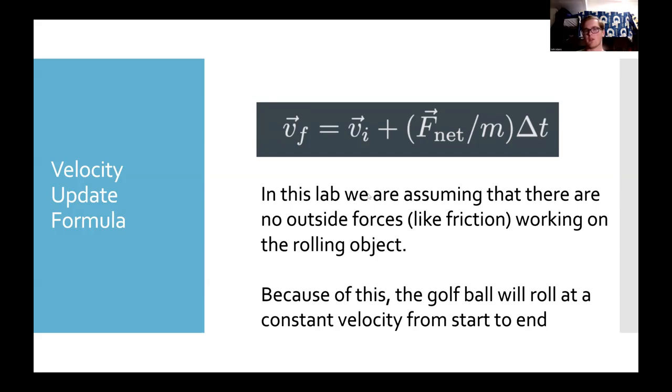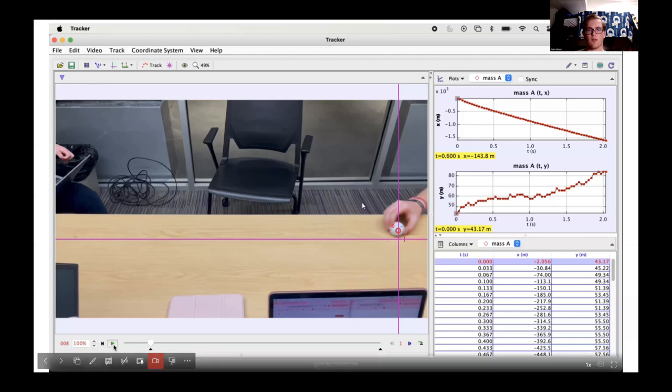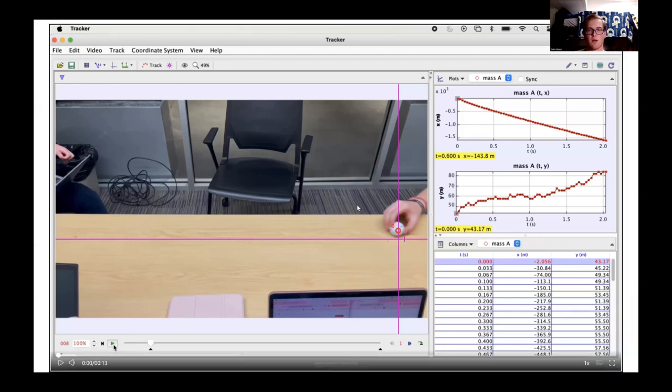In this lab, we're assuming that there are no outside forces like friction working on the rolling object. Because of this, the golf ball rolls at a constant velocity from start to end. And this is in a perfect world where friction doesn't exist, where it does when we run this experiment in real life. So right here is the video we put on Tracker.